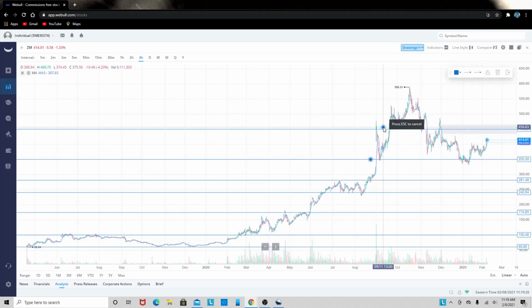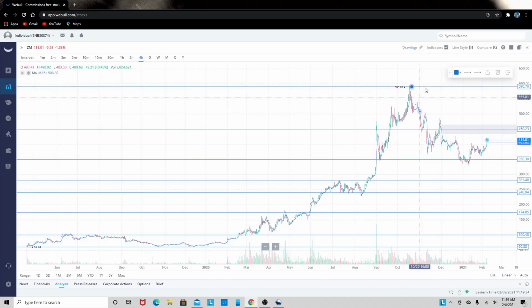And then we're going to move along from there, and we're going to find our high resistance of the chart. And it looks like it's going to be at about $590. So I'm just going to drop my line there. And as you could see, that should do it for our chart, because you see we have our high resistance here on the chart. And then we have our support coming off of that down here at 450.